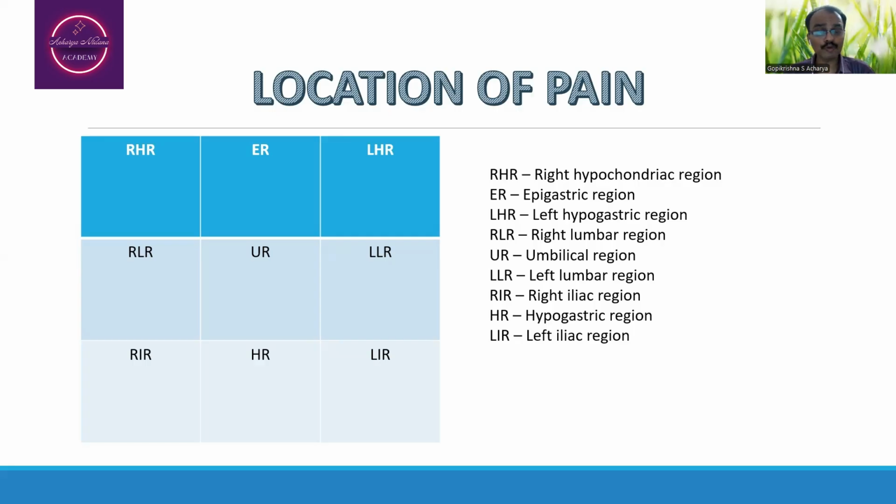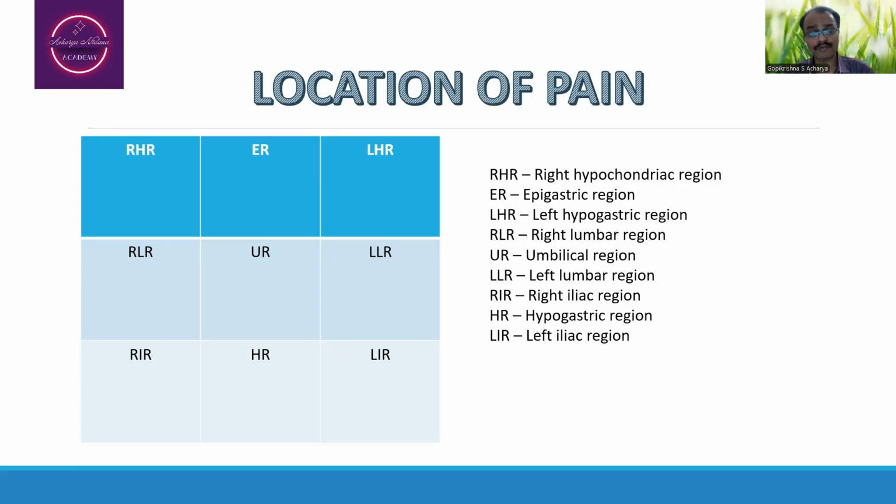Suppose the person is having pain in the right iliac region, the probable organ afflicted may be the colon, appendix, the initial part of the ascending colon, sometimes the ureter, and in case of females, the ovary, etc. These are the probable organs that may be afflicted.